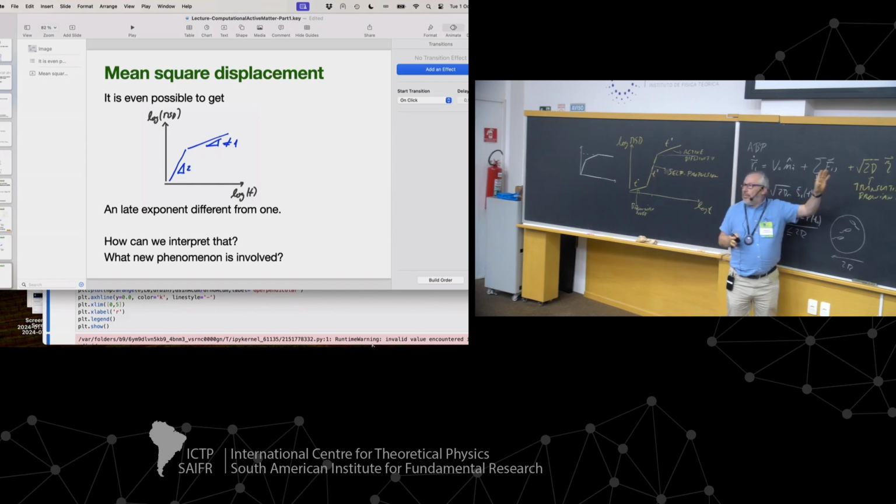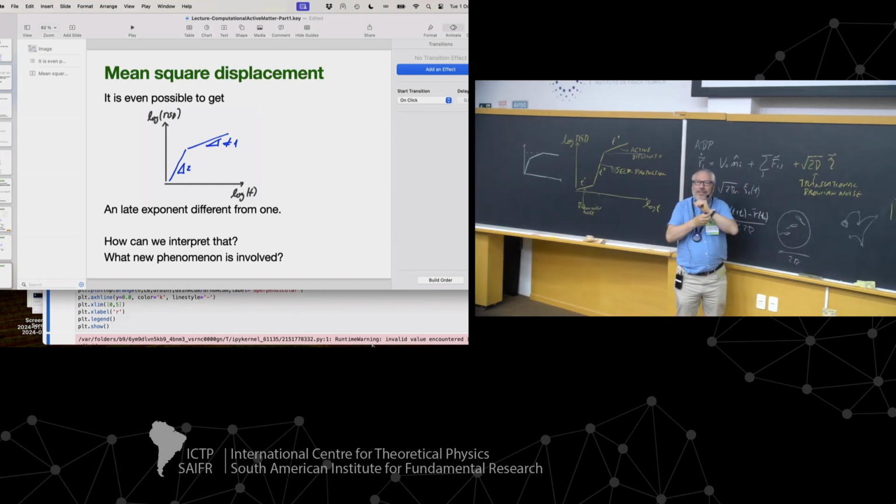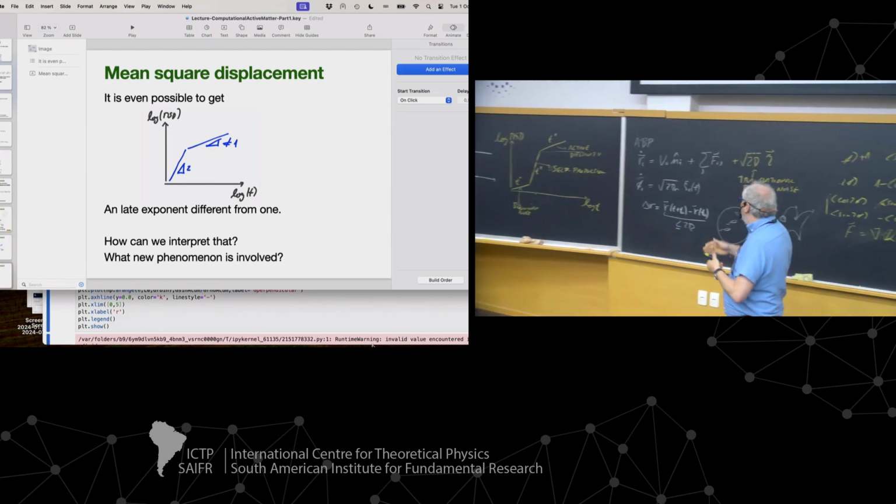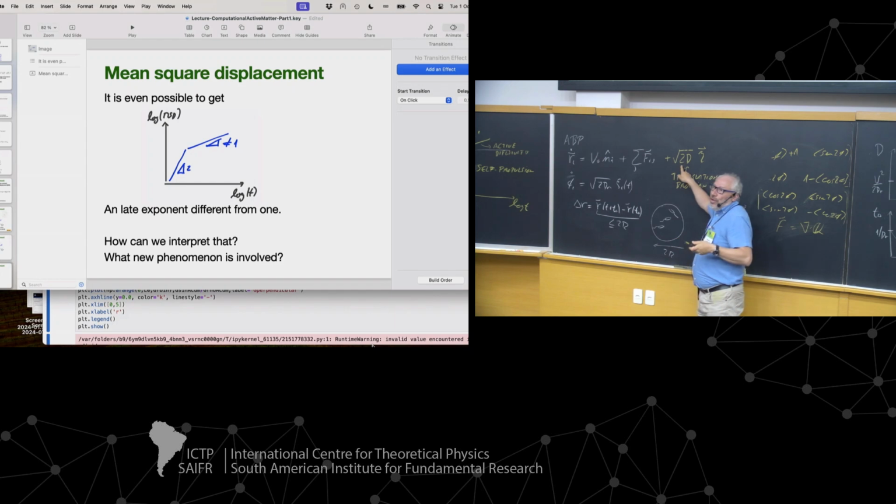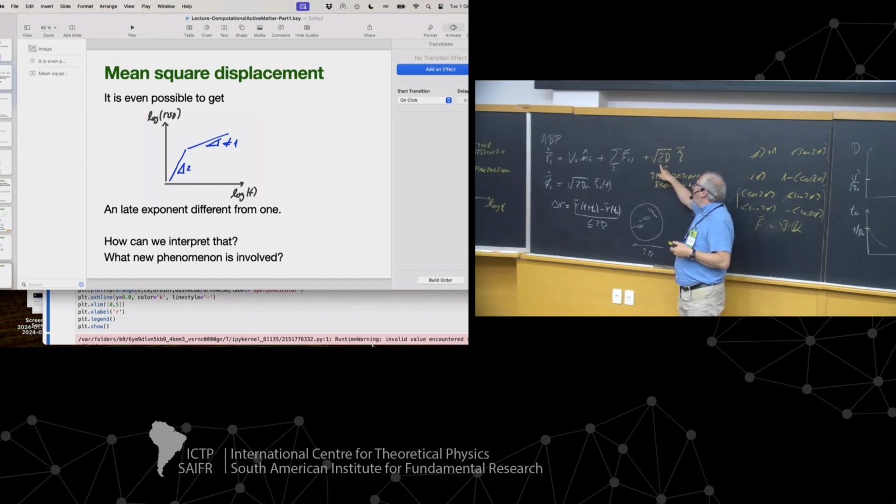If you want to be quantitative, normally you have to include it, because otherwise you don't fit exactly the numbers. But if you want to understand what's going on, it's better to do it without that, because the most important for me is that you have one parameter less.